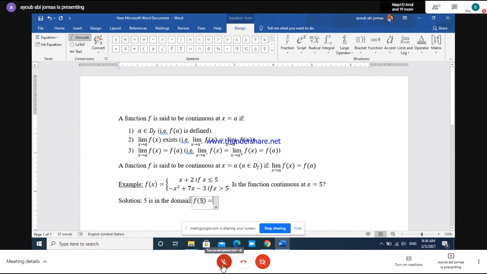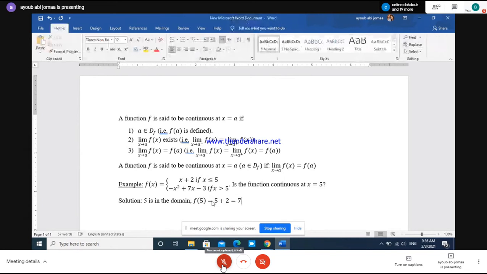If the number is less than or equal to 5, you replace x by this number in the first one. If the number is more than 5, you replace x by this number in the second. Because here we have f of 5, the number is equal to 5, so you replace it in the first one. So it's 5 plus 2, which is equal to 7. So this is the first condition satisfied.